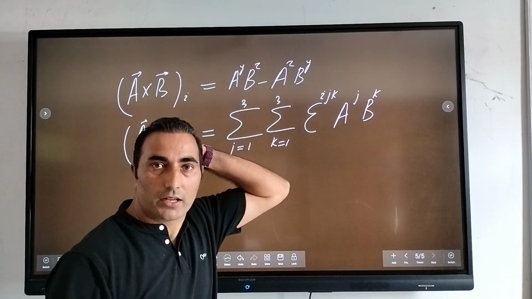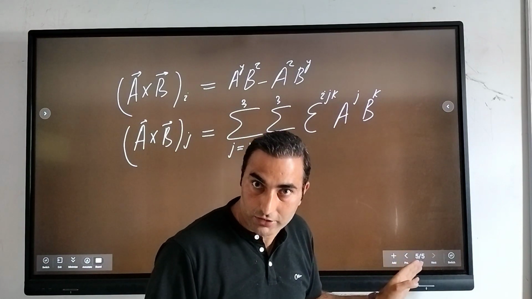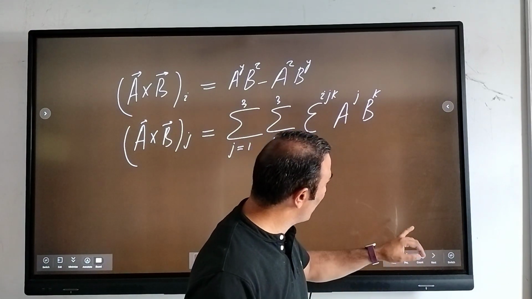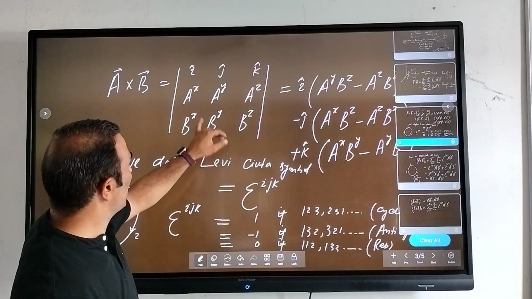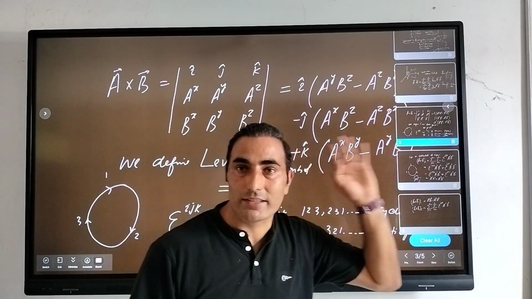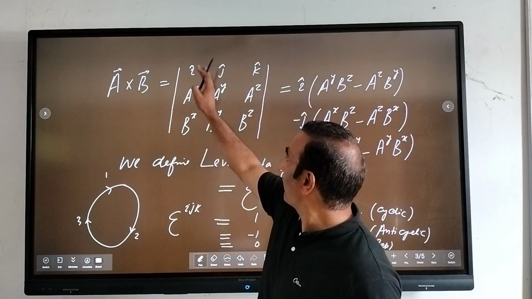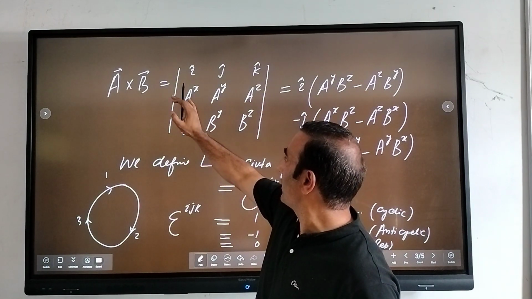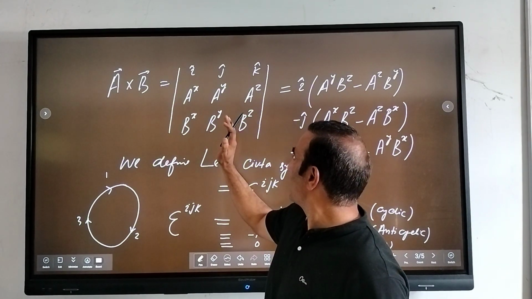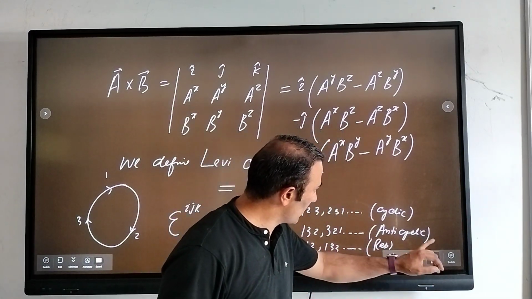Right? So this is very clear. Now, which component are we evaluating? We are evaluating the jth component. So when you calculate that jth component, that means x and z component will be present. Right? So this is very clear because when you are evaluating with respect to that j, only this x and this z component will be present.